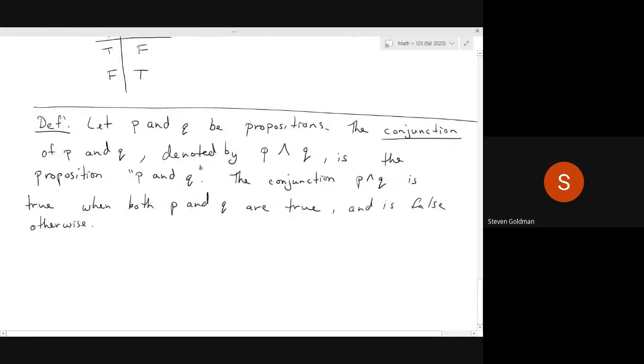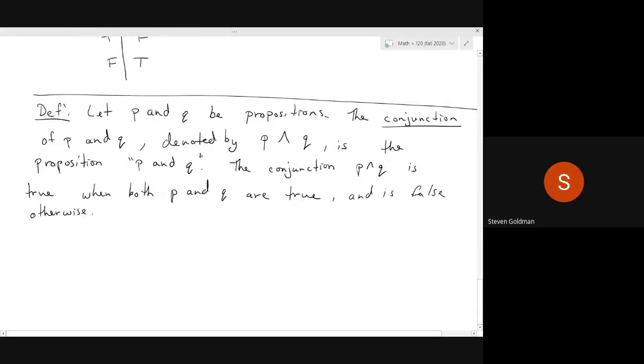So the only time a conjunction is true is when both of its parts are true, when the P and the Q are both true. If one of them is false or both of them are false, then the entire sentence is false.